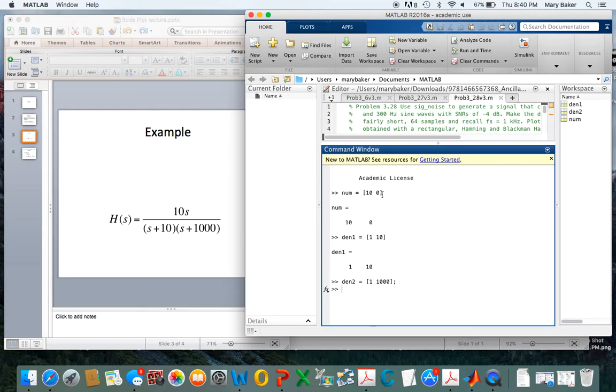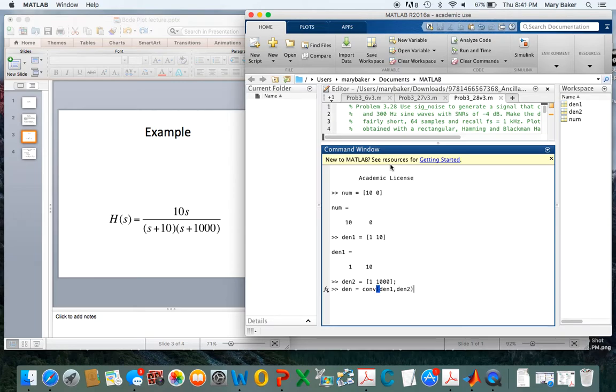Now, if you want to multiply those two terms together in MATLAB and you just do a straight multiplication, MATLAB thinks you're trying to multiply matrix arrays, and it will complain that you don't have the correct dimensions. Since MATLAB understands these to be polynomial terms, you tell MATLAB that your denominator is actually the convolution of denominator 1 and denominator 2.